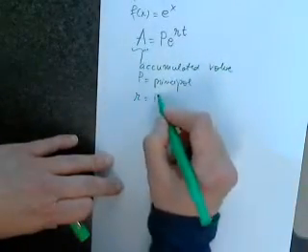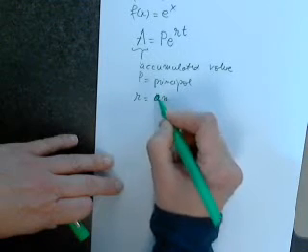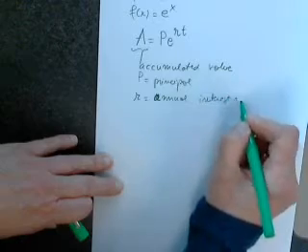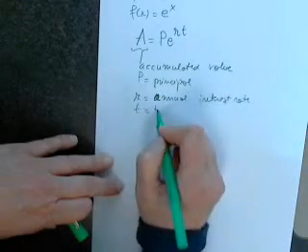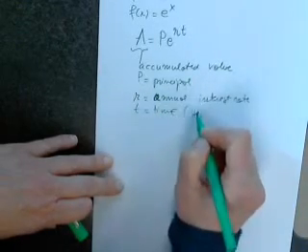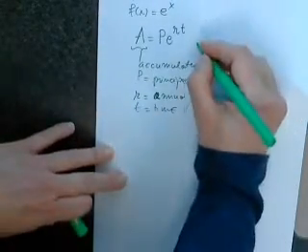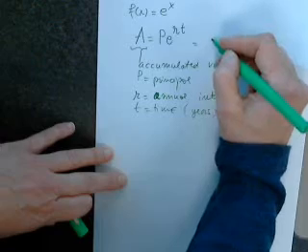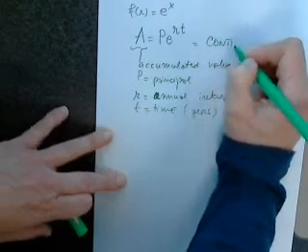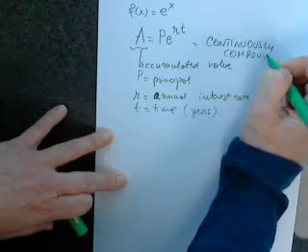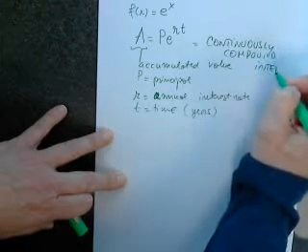R is the annual interest rate, and T is time in years. And this is for continuously compound interest.